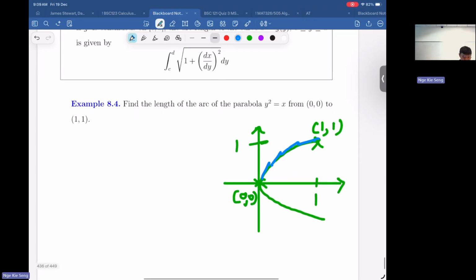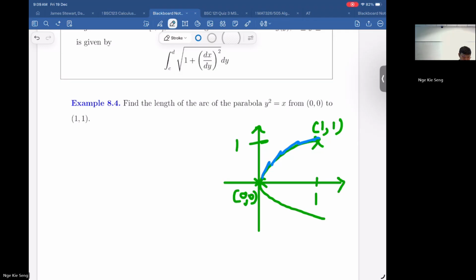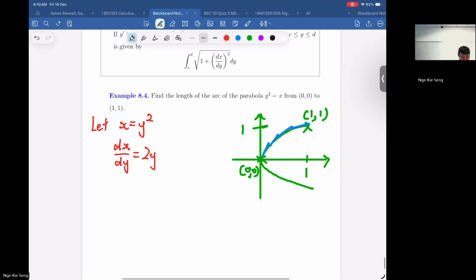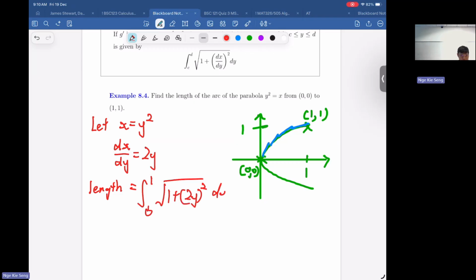So let x equal y squared, and then dx/dy equals 2y. We're trying to integrate the length, integrating from 0 to 1 the square root of 1 plus (2y) squared, dy.